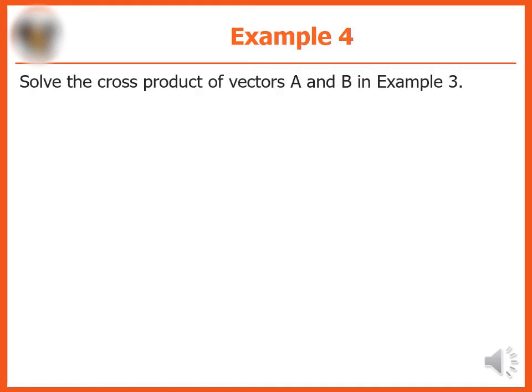For example, we're going to solve for the cross product of vectors A and B in example 3. From example 3, your vector A is 2i plus 4j plus 8k, and your vector B is negative 2i plus j minus 4k.